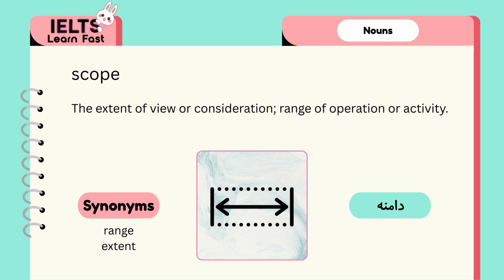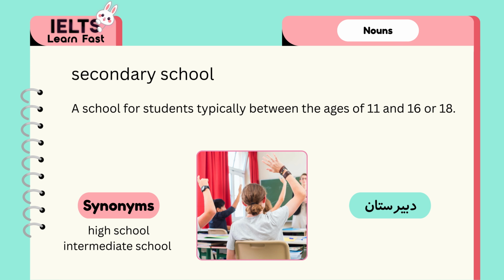Scope: the extent of view or consideration, range of operation or activity. Synonyms: range, extent. Secondary school: a school for students typically between the ages of 11 and 16 or 18.